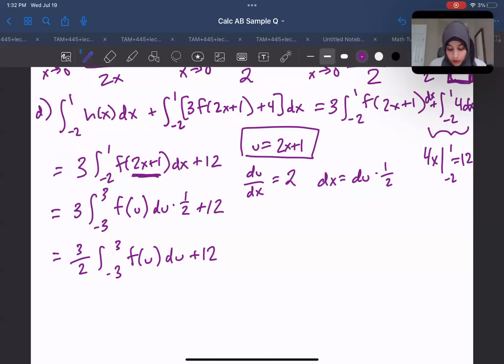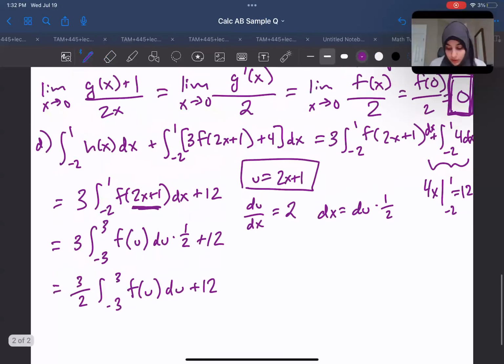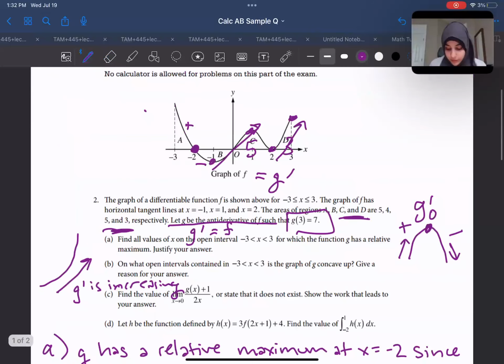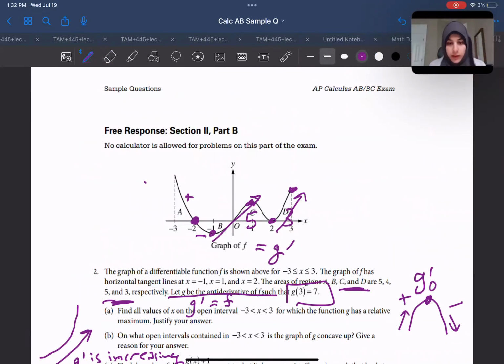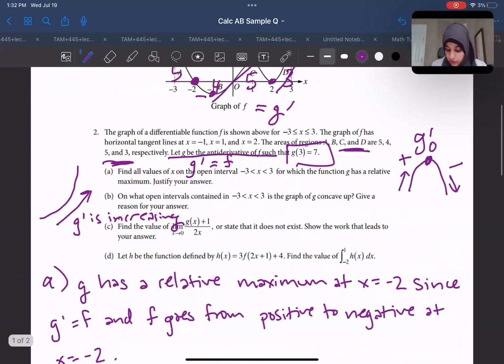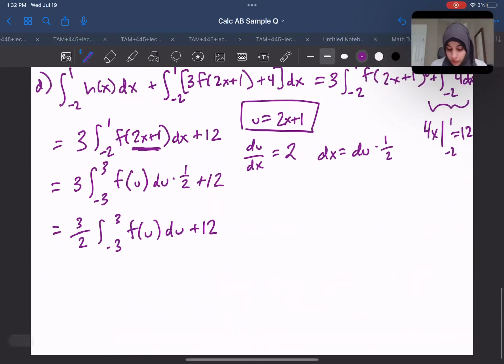And with bounds of -3 to +3, I actually have my exact areas from -3 to +3. Now, they said that A and B were 5 and 4. All right. So I have positive areas A, C, and D, and then I have a negative area of B. So if I'm looking from -3 to +3, and I'm looking at the integral, I'm just going to use those areas that were given to me.